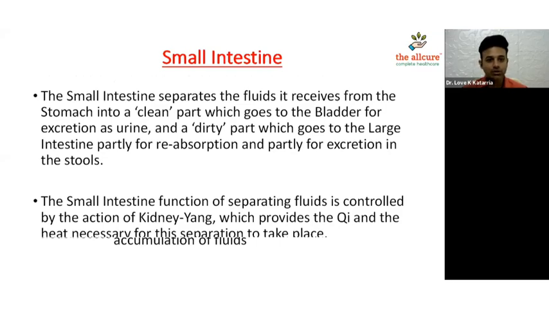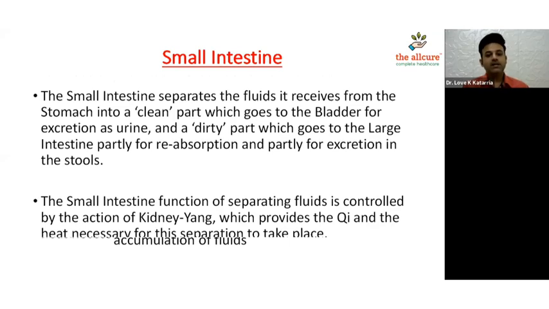Now let's see the small intestine. The small intestine has the function of separating the fluids received from the stomach into the clean part, which goes to the bladder for excretion as urine, and the dirty part, which goes to the large intestine, especially for reabsorption and partially for excretion in the stools.